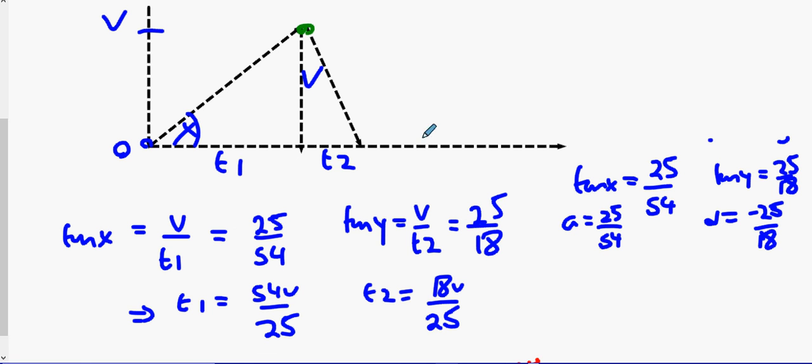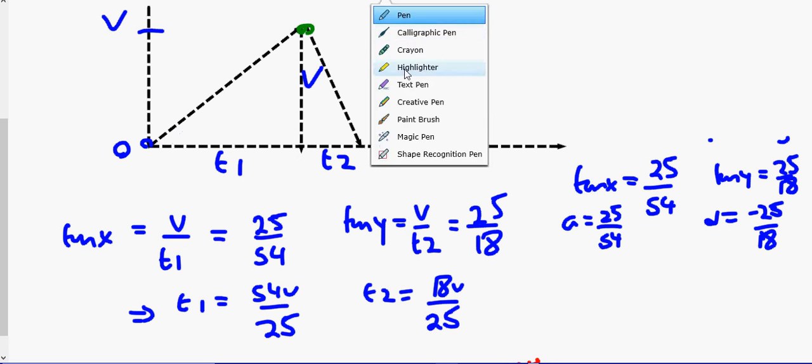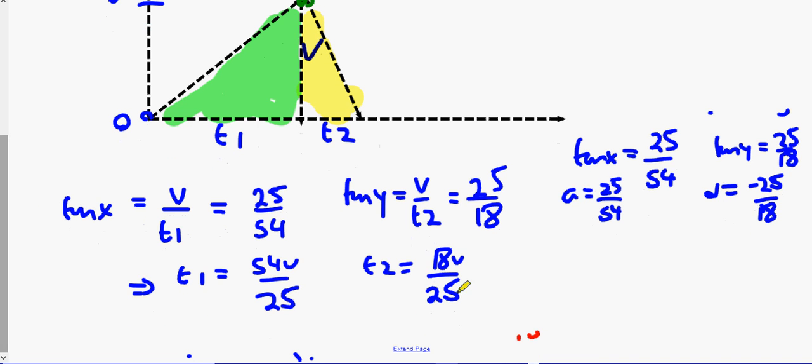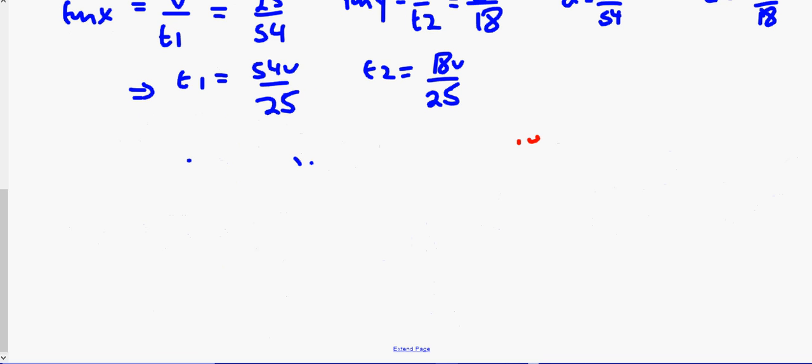Next, we're going to get the area of both sections, the green section and then the yellow section, both triangles, and we know that the answer is 3,600.